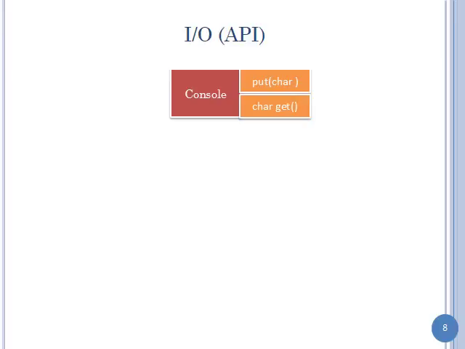So in the case of get, the input device, whenever it has a character that needs to be consumed, it goes and interrupts the CPU saying, I got a character for you. In case of the output device, whenever it has finished the last output and the register is ready to write, it interrupts the CPU and says, I'm ready to be written again. So the output is written not by the call to put, but by the output interrupt routine.